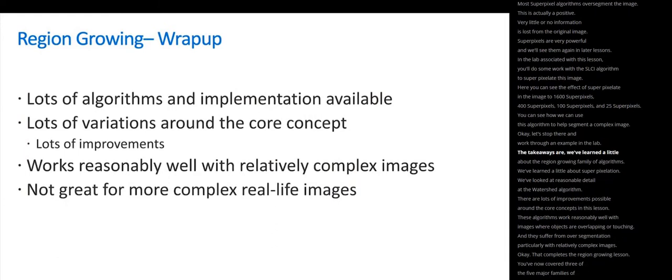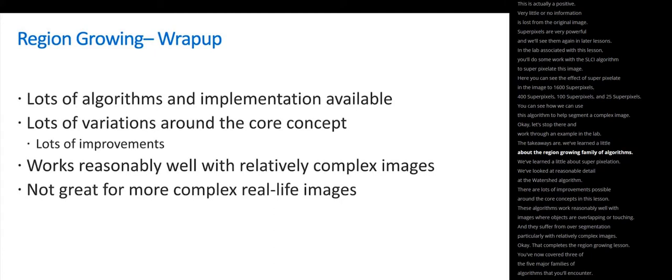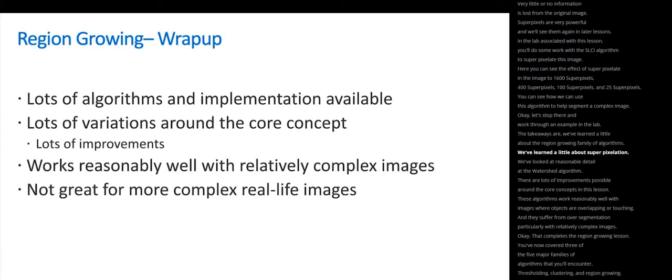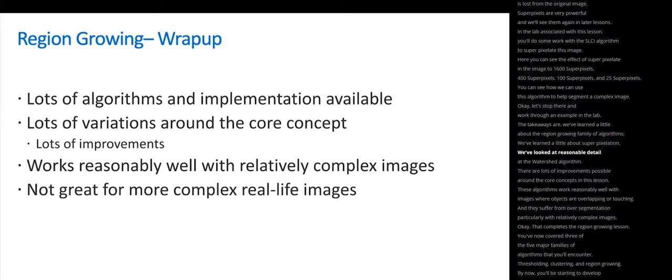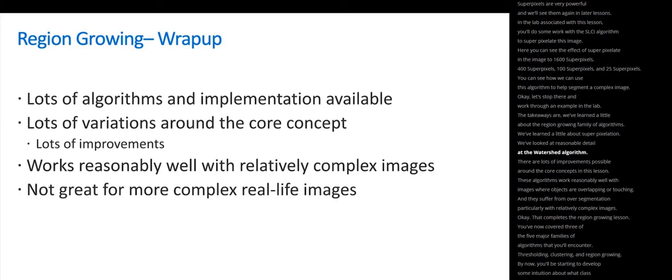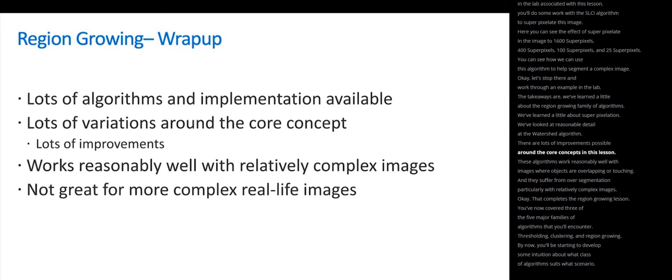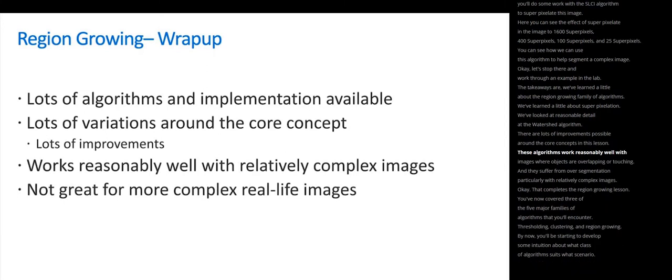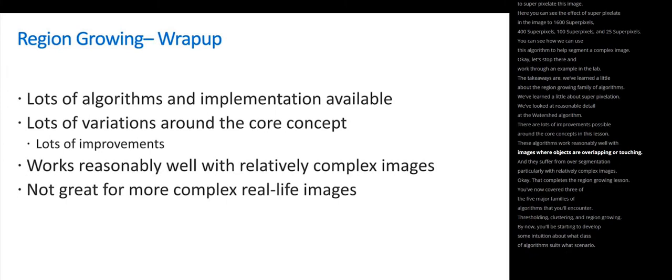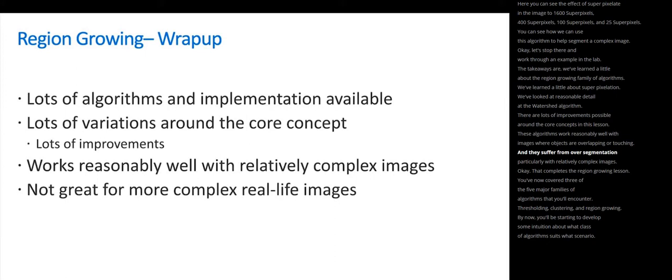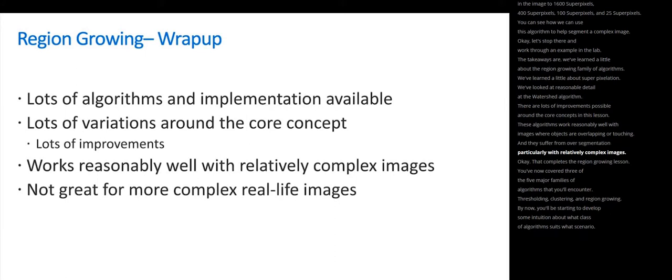The takeaways are, we've learned a little about the region-growing family of algorithms. We've learned a little about superpixelation. We've looked in reasonable detail at the watershed algorithm. There are lots of improvements possible around the core concepts in this lesson. And these algorithms work reasonably well with images where objects are overlapping or touching. And they suffer from oversegmentation, particularly with relatively complex images.